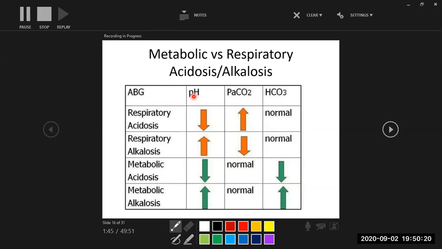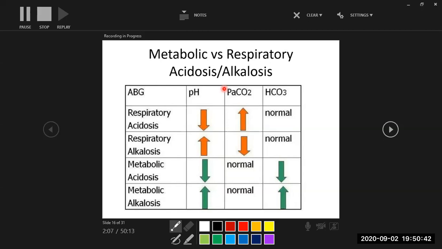Again, this is an easy quiz question. You will need to have this in your brain, and this is very typical. When people talk about metabolic acidosis, alkalosis, you need to know that this is related to metabolic. It's not something else, but it's the kidney.